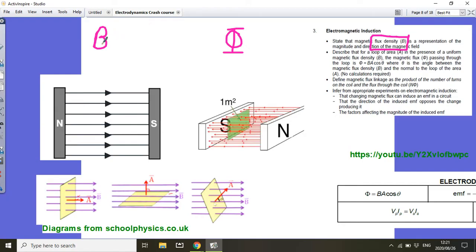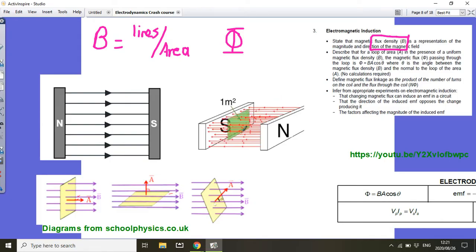So density, let me just write it. It's the number of lines per unit area. So we can almost say lines per area. But flux is the total number of lines that pass through a specific area. It doesn't have to be 1 square meter, it could be 2 square meters.